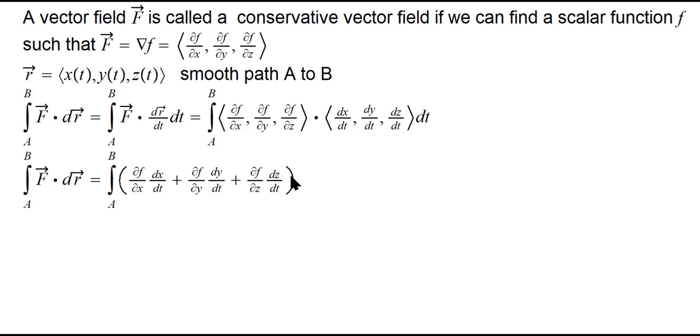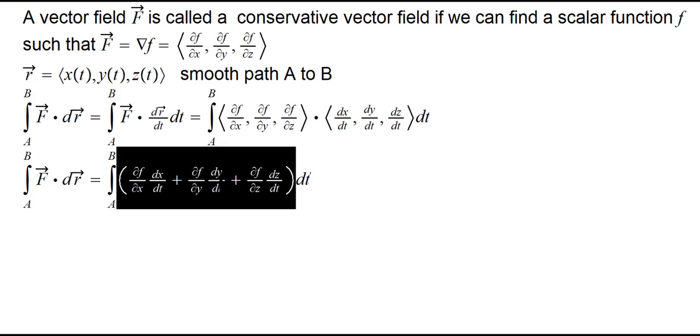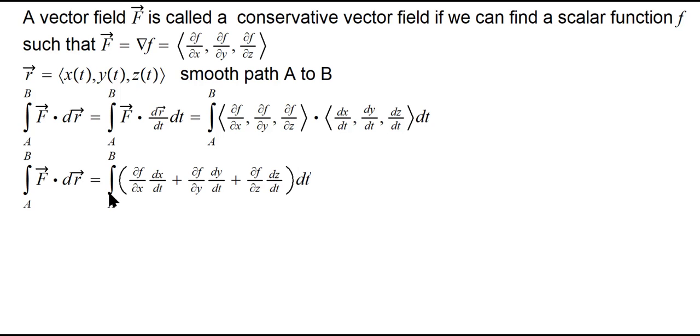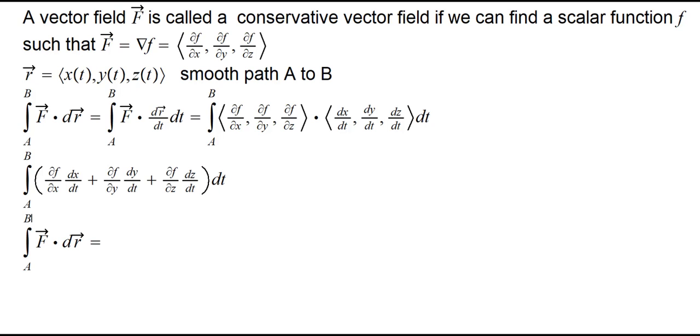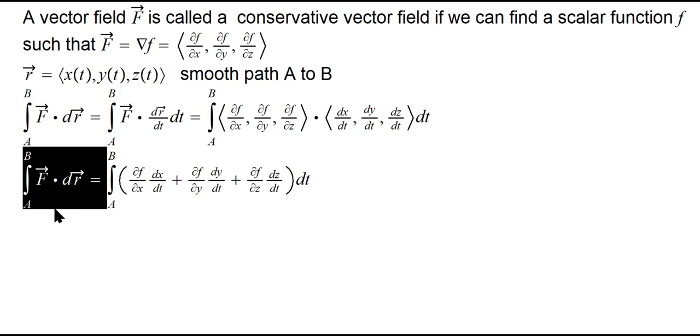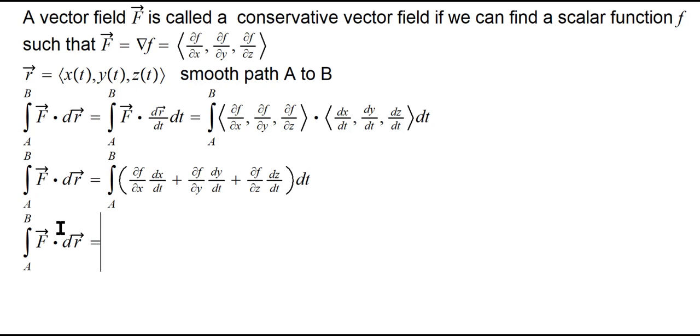All right. Now, who is this? By chain rule, this is the derivative of f with respect to t when we are going along the curve, right? So what happens here is that this whole thing will be df/dt simply, and then we have dt, and what does this become?